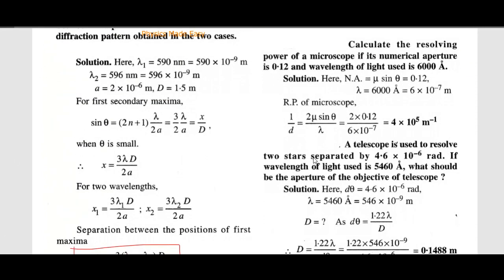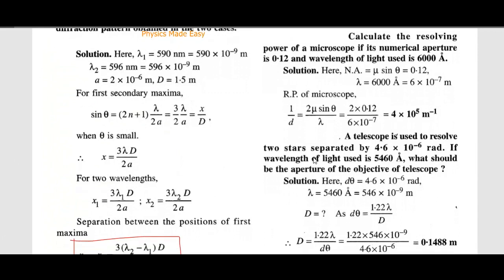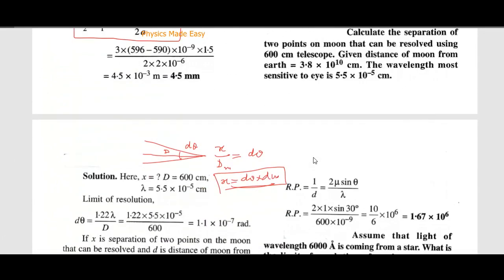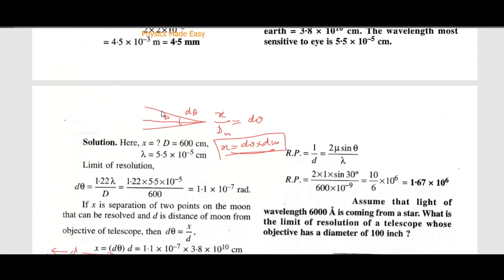Now let us proceed ahead and note down this thing. This d theta: we may need to find the angle subtended by a distant object, and for finding that, x divided by the distance of the object from the telescope is equal to the angle d theta.